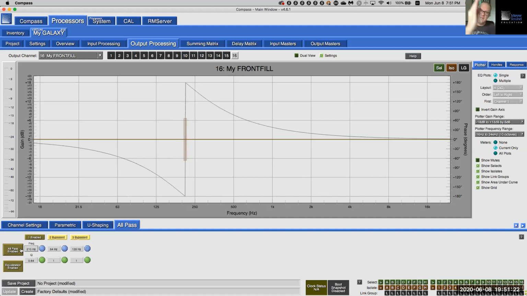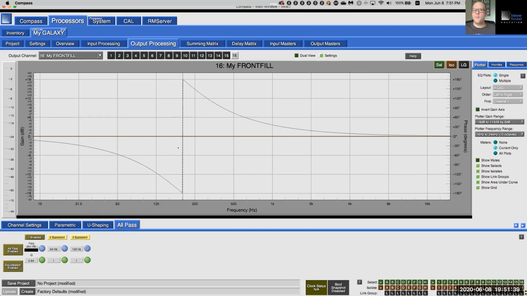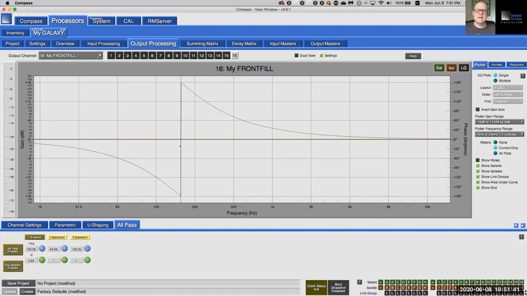That corner frequency is a recommendation. In the field, when you're calibrating or commissioning the system, you might want to measure at the spot where your array and your front fill meet each other at the same level, and you might find out that this all-pass filter needs a little tweaking.